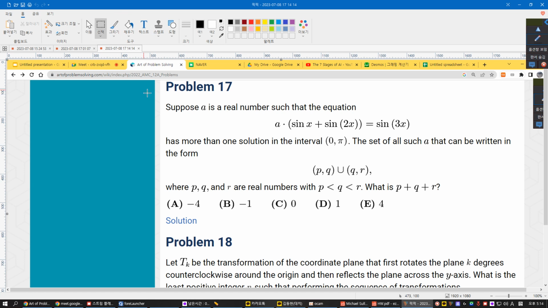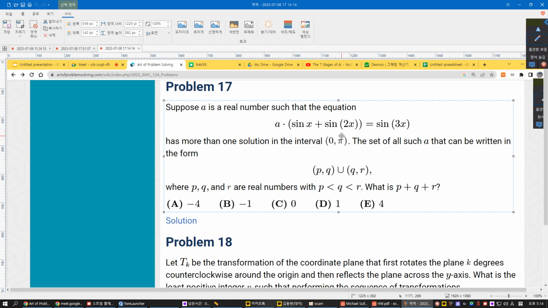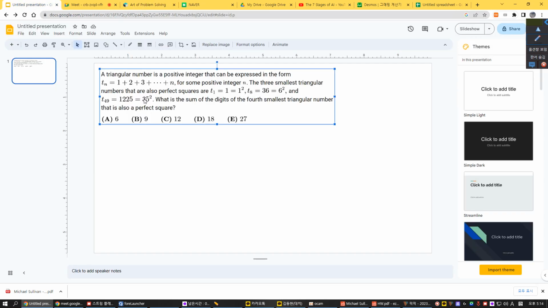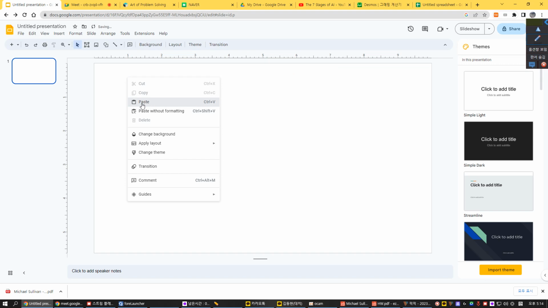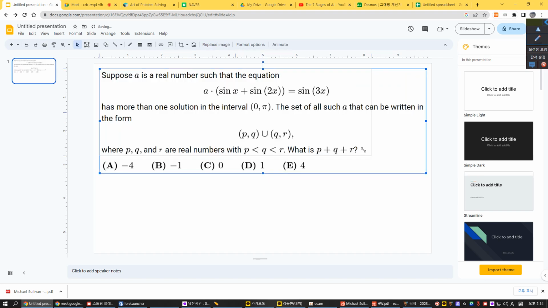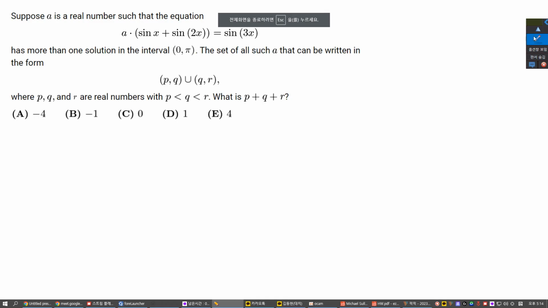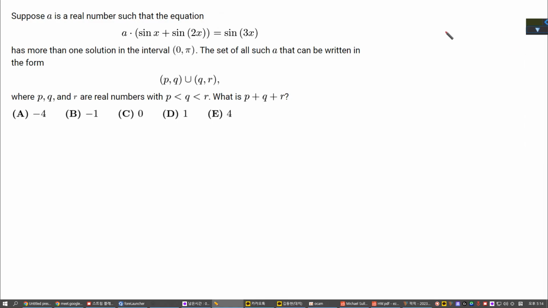Yes, for number 17, we need to use some formulas for trigonometric addition. So at first, sine of 2x is equal to 2 sine x cosine x.